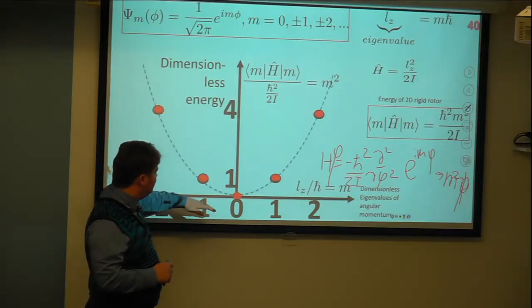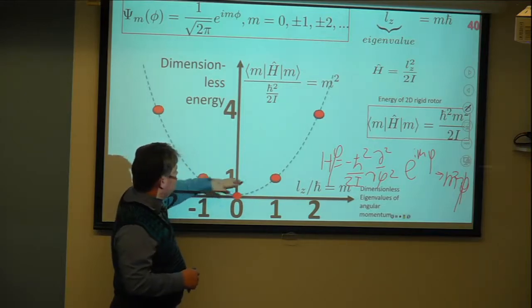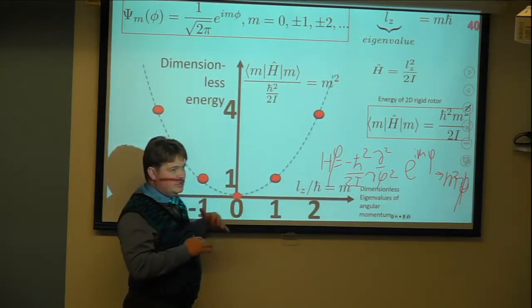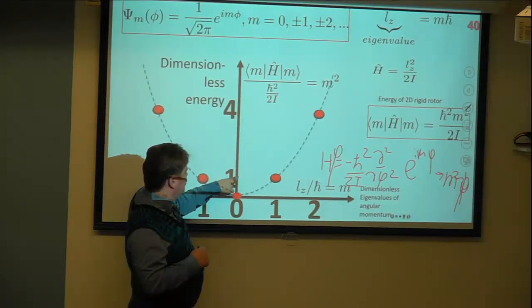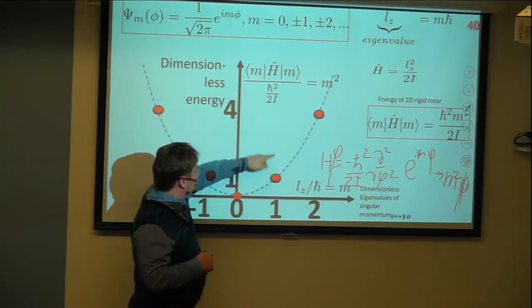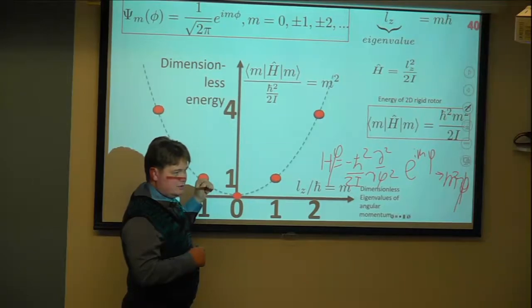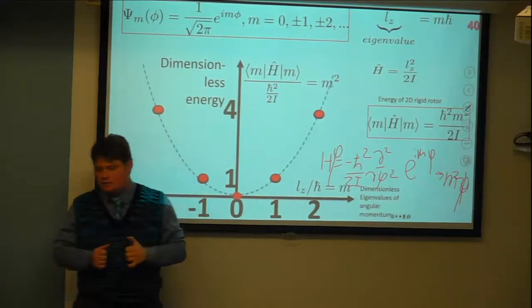Degeneracy for states with higher and higher quantum numbers will not stay equal to 2, as we had here, but it will grow. So it will be 3 degeneracy for the first state, 5 for the next one, 7 for the next one, as a consequence of three-dimensional rotation.